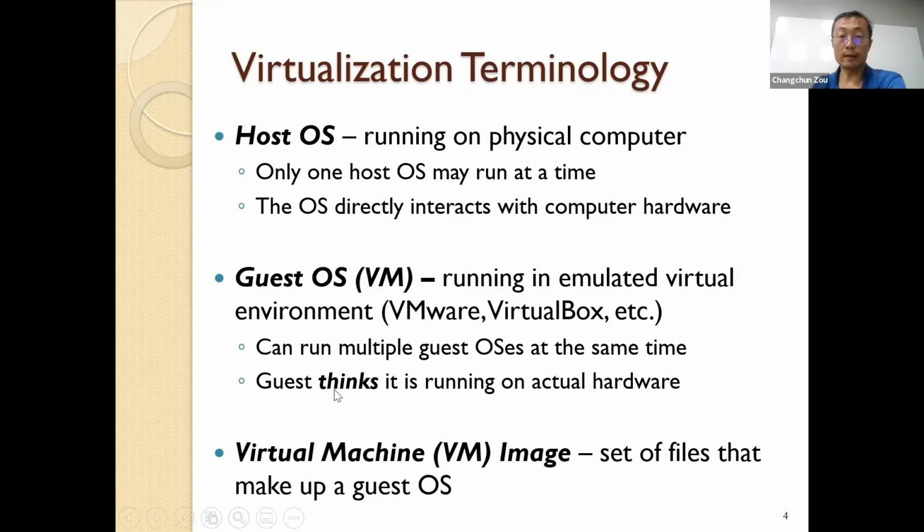The guest OS will think that it is running on actual hardware, so each guest OS feels like it's running on its own computer. A virtual machine image means that each guest OS exists on the host OS as a set of files. These are called image files.